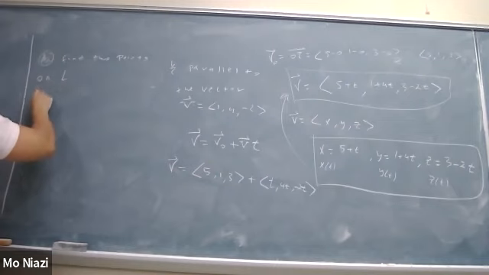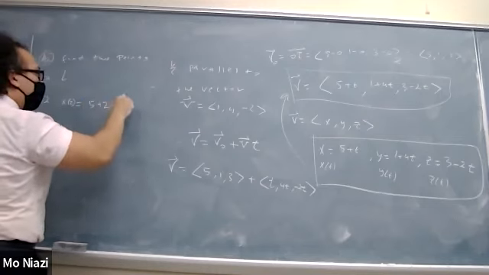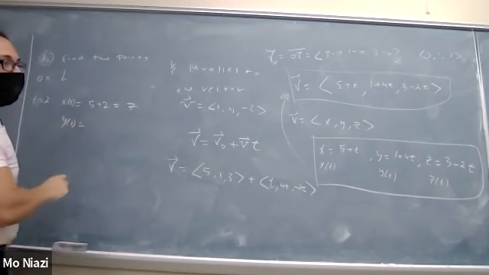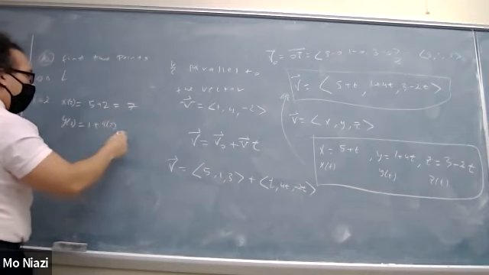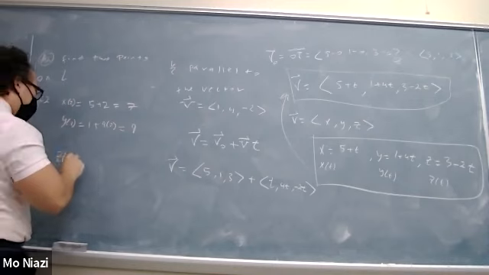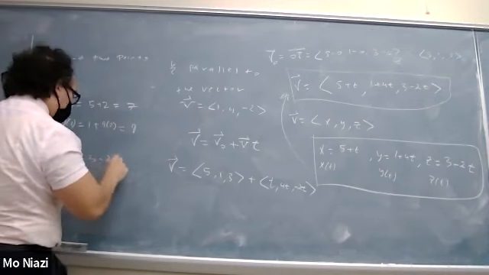So for t equals 2, x of 2 would be the x component. So here's your 7. Y of 2 would be your y component, which is 1 plus 4 times the 2, which is an 8. 8 plus 1 is a 9. And the z component, that's 3 minus a 2 times a 2.